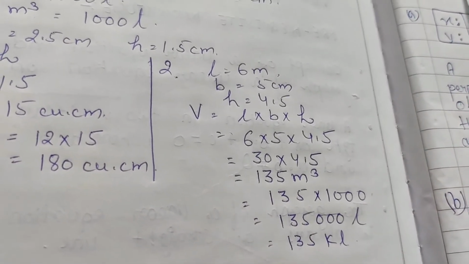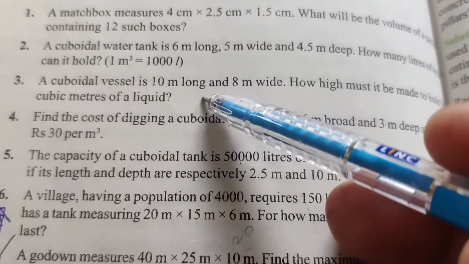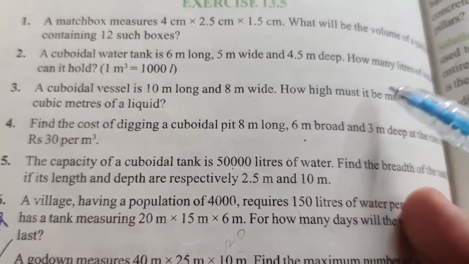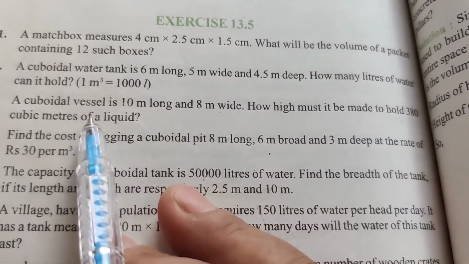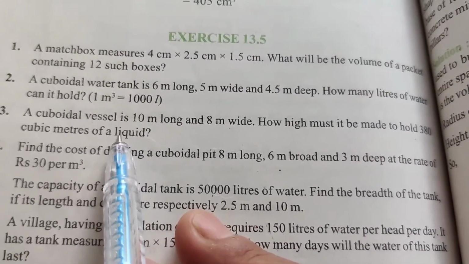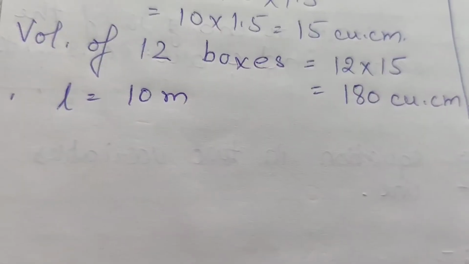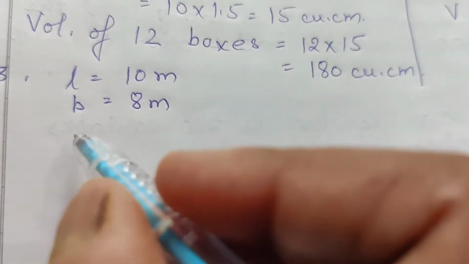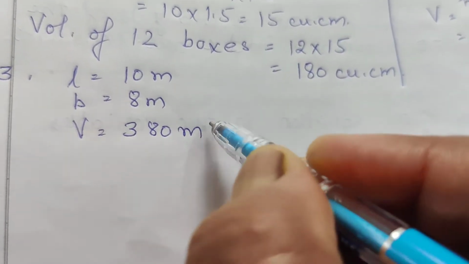Now question number 3. A cuboidal vessel is 10 meter long, 8 meter wide. How high must it be made to hold 380 cubic meters of liquid? We have to find the height of the cuboidal vessel. Length equals 10 meter and breadth equals 8 meter. Volume equals 380 meter cube.